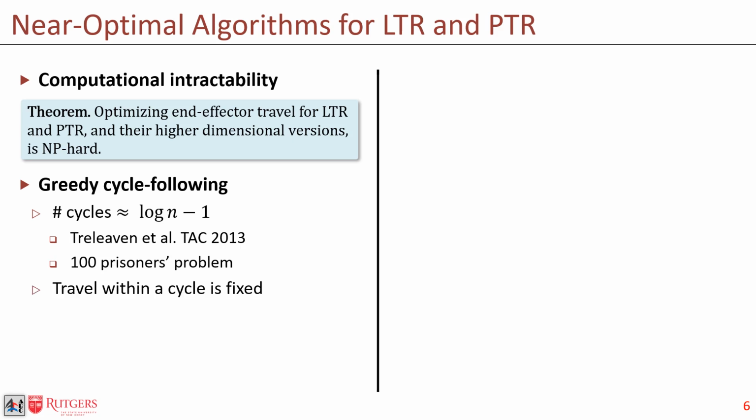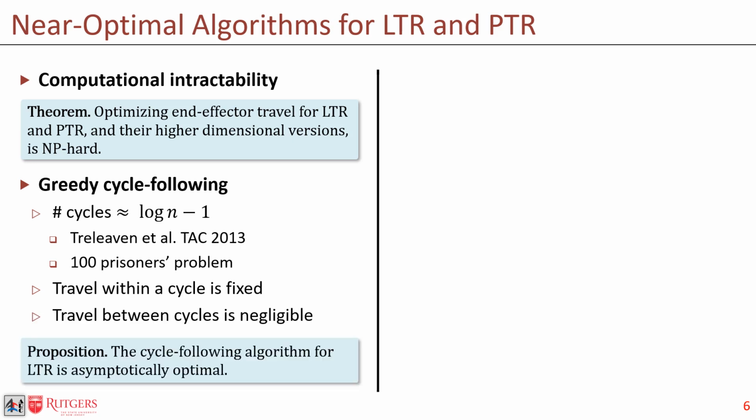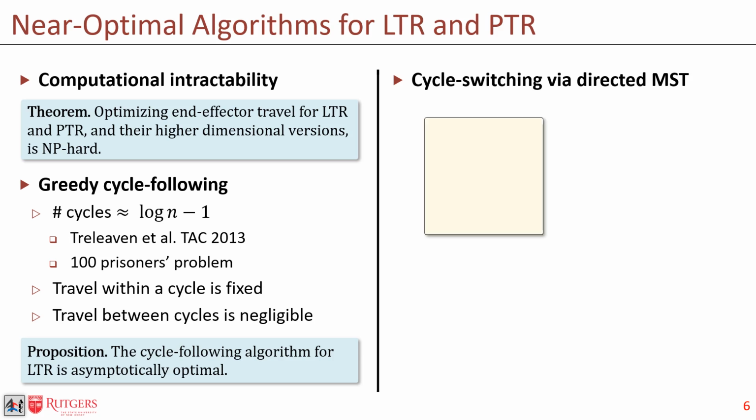Because travel within a cycle has fixed cost, and travel between cycles can be ignored, a cycle following algorithm is actually asymptotically optimal for solving LTR problems. We can further improve the algorithm for LTR by adding cycle switching.